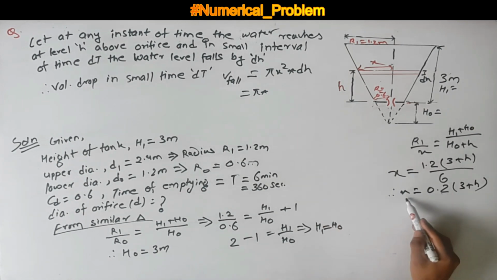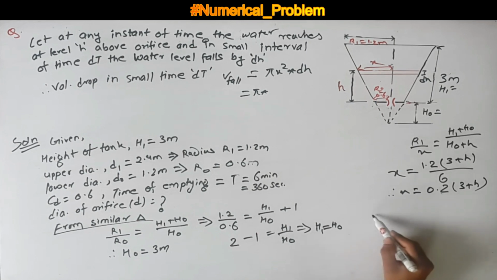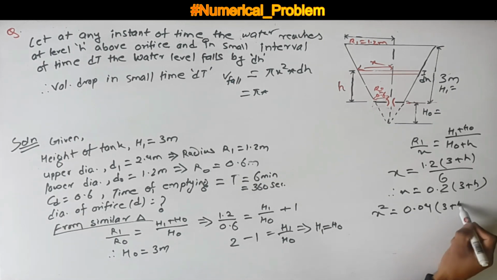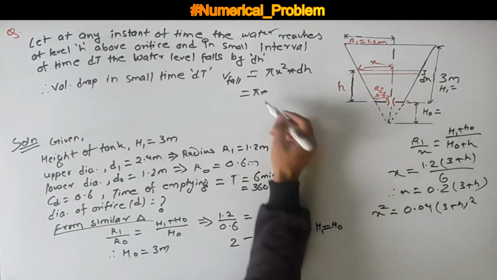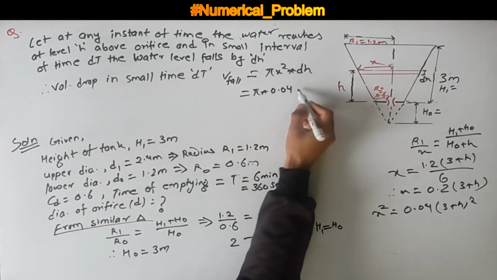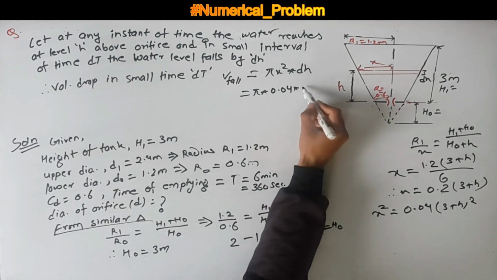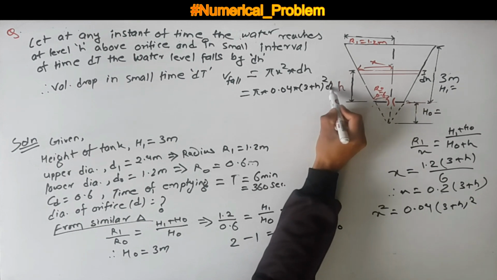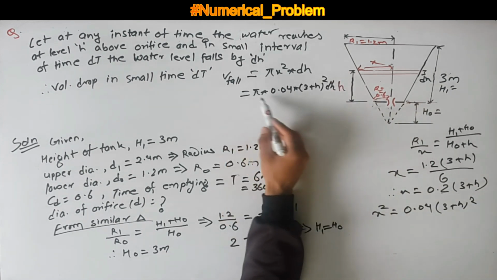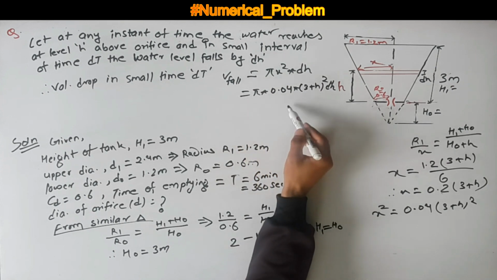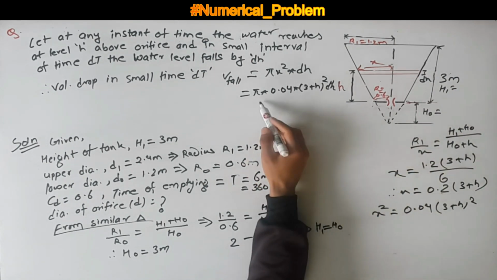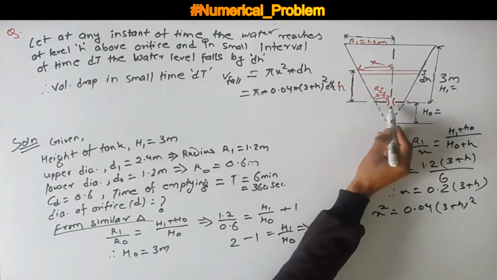So we can put this value of x here, or we can square x. X square equals square of 0.2, which is 0.04, times 3 plus h whole square. So put this value here. Here we calculate the volume of fall in small interval of time dt, where the height falls by dh. And now we can calculate, at the same time dt, the volume out from this orifice.